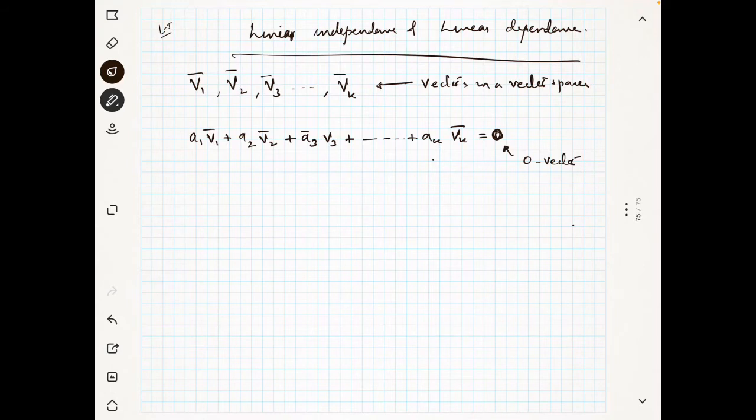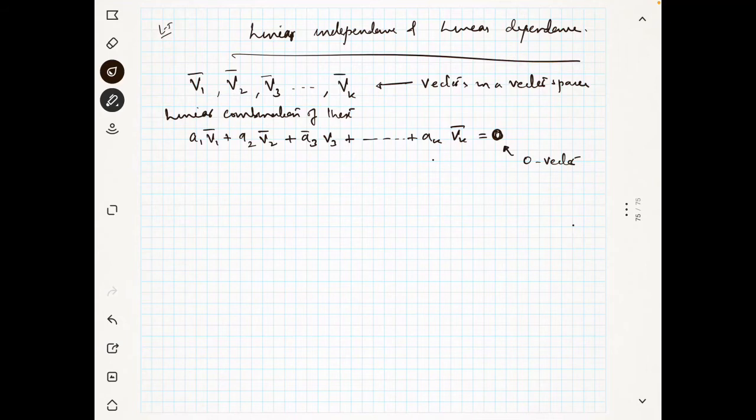Now assume that you have some vectors v1, v2, v3 up to vk. The linear combination of these vectors can be written with some constants, a1 into v1 and so on. Suppose this is equal to 0.